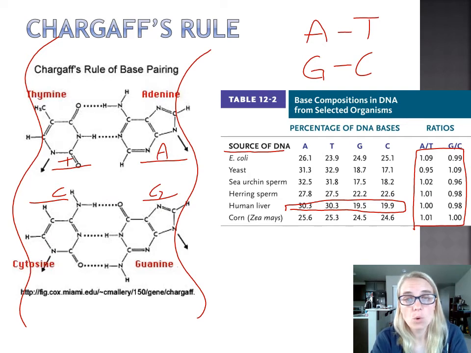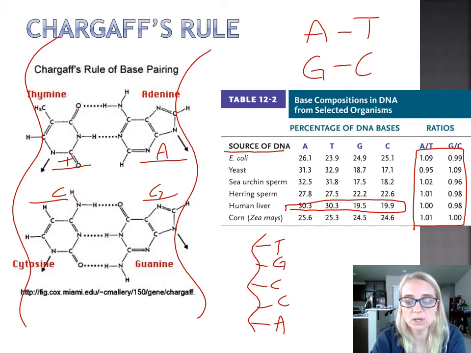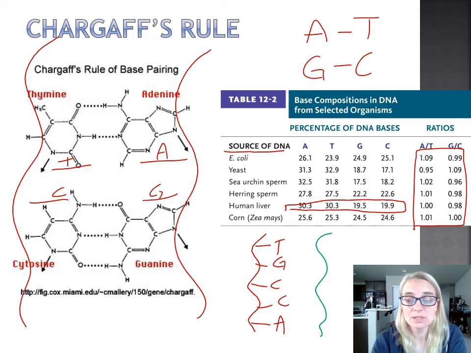And that's really important when it comes to replication, because let's say you only know half of your DNA strand, would you be able to determine what the complementary or other half is based on just knowing half? The answer is yes, you can, because wherever you have a T, you have to have an A. That's Chargaff's rules.